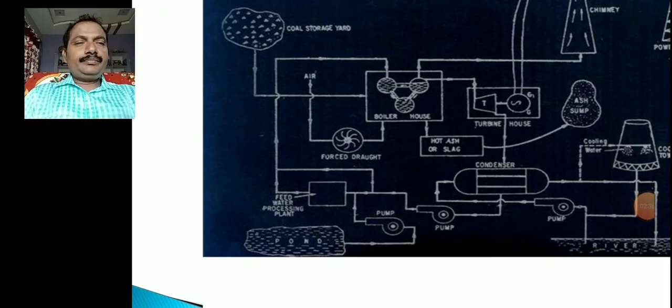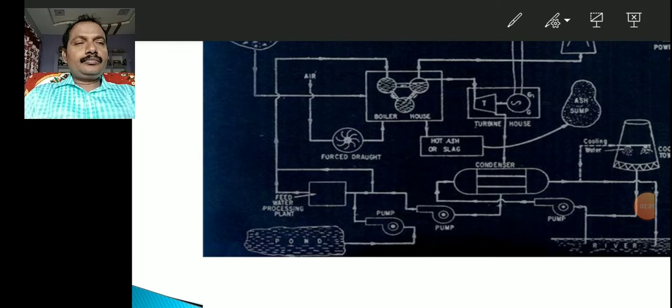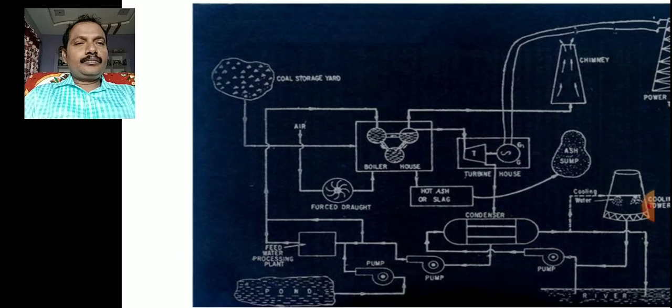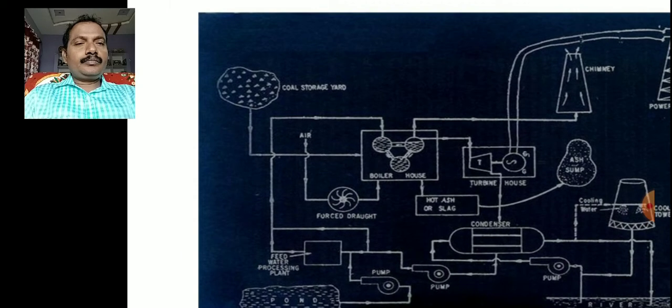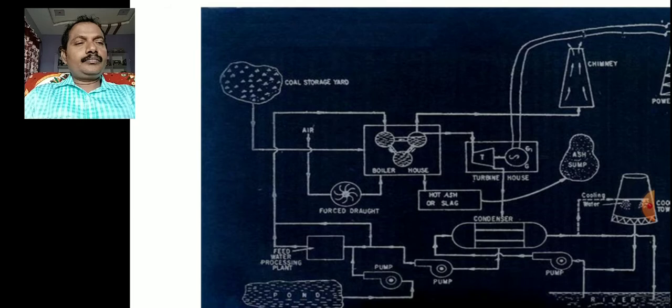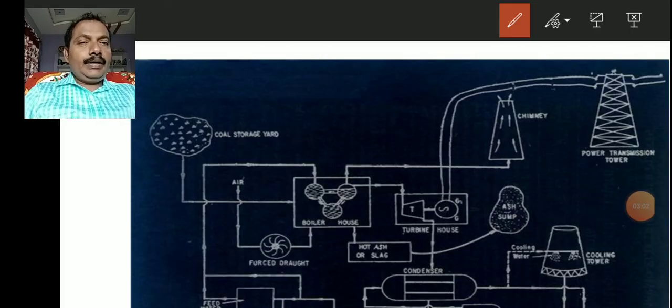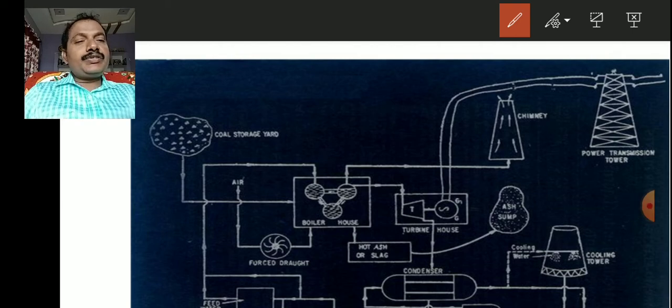Observe here, the first circuit is the fuel and ash circuit, that is the coal and ash circuit is the first circuit we have to concentrate on.